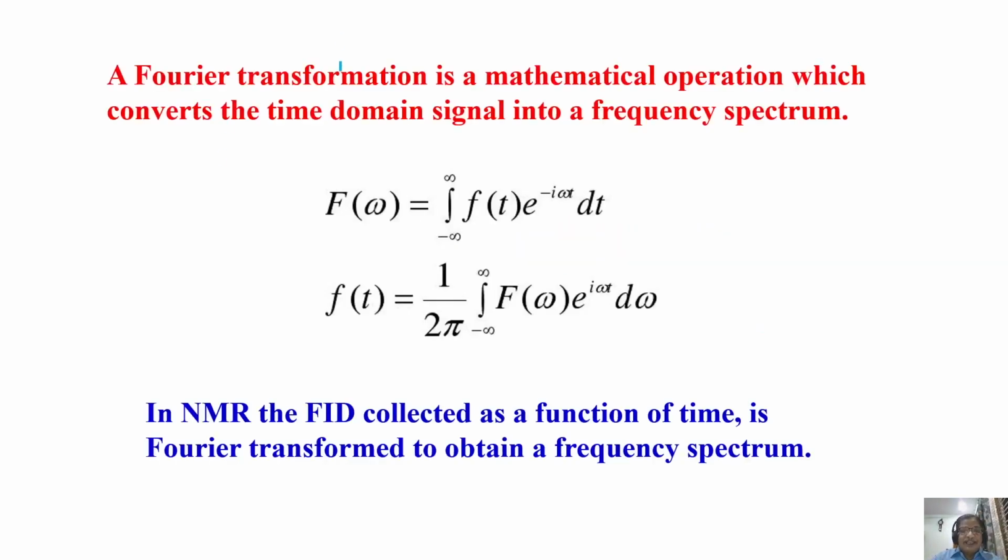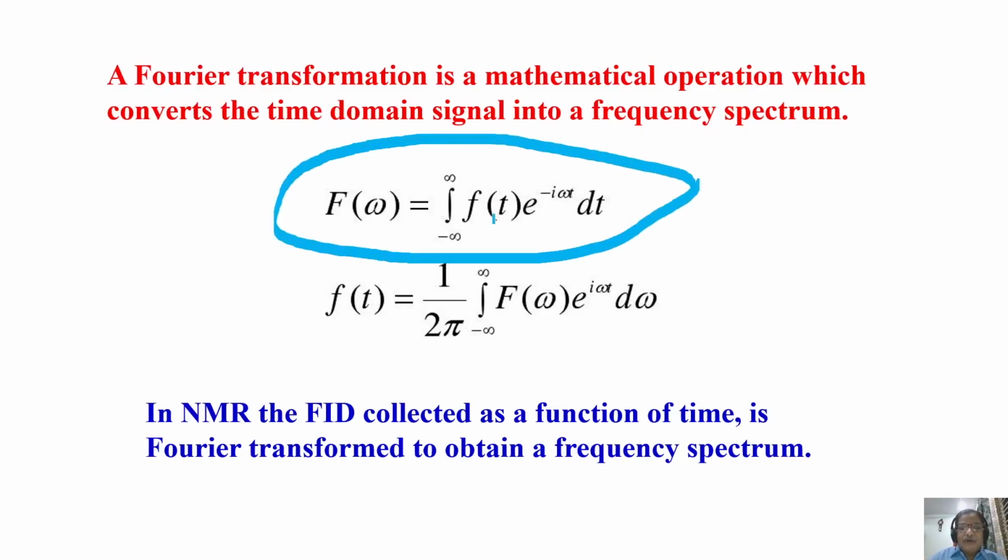Of course, we have been discussing this even from the early classes, the first, second or third class itself: a time domain signal can be converted to a frequency domain signal by a mathematical operation called Fourier transformation. I said time and frequency are Fourier pairs. So this is the formula for converting the time domain into the frequency domain.